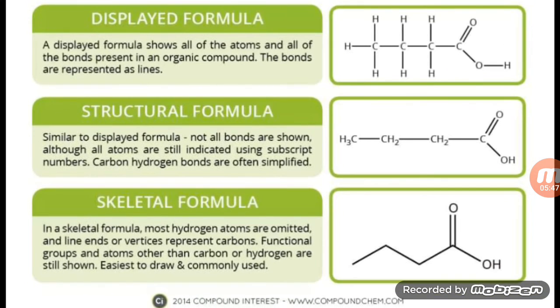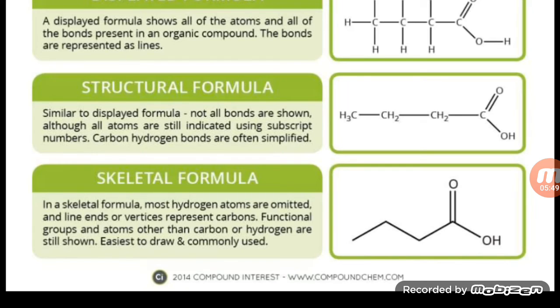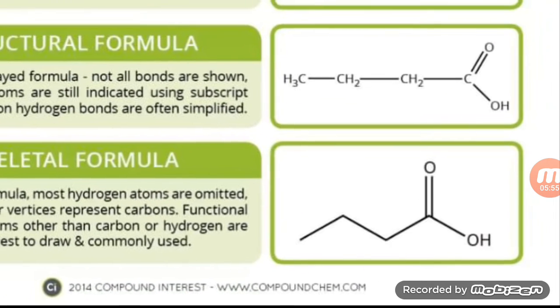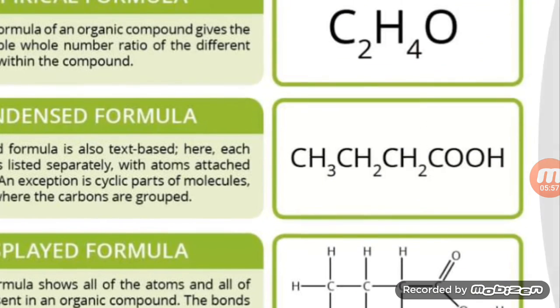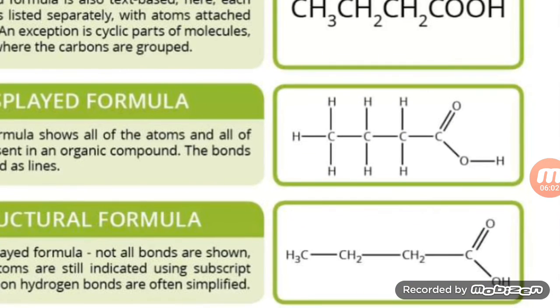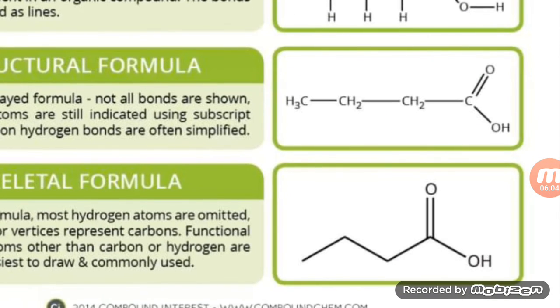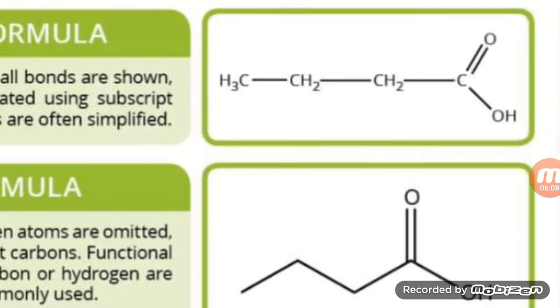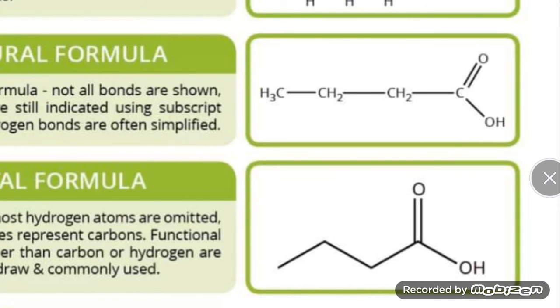So most of the time, grown up students, now you will write the skeletal formula of each molecule. Instead of writing C4H8O2, instead of writing the displayed formula like this, you will write it in this form. Here you can see that this is the CH3.